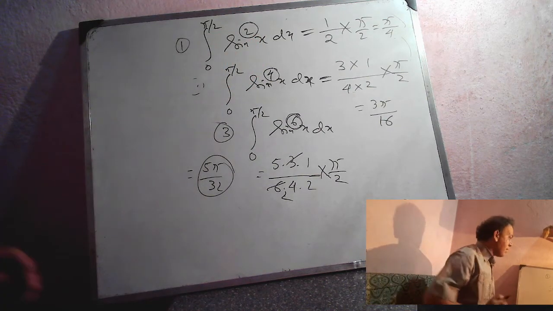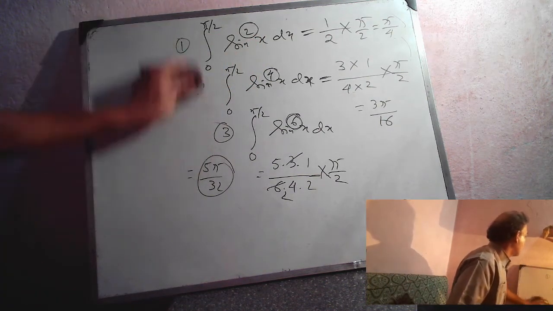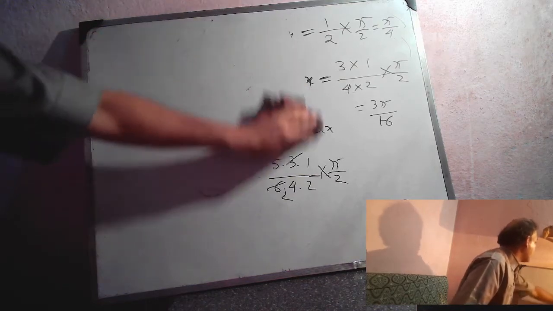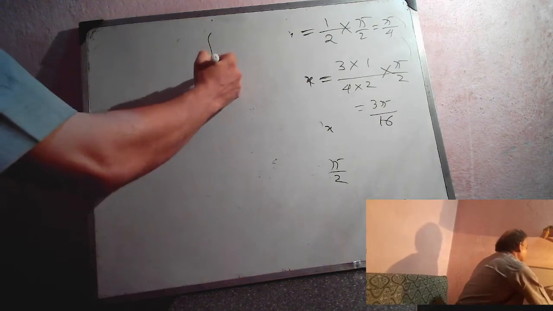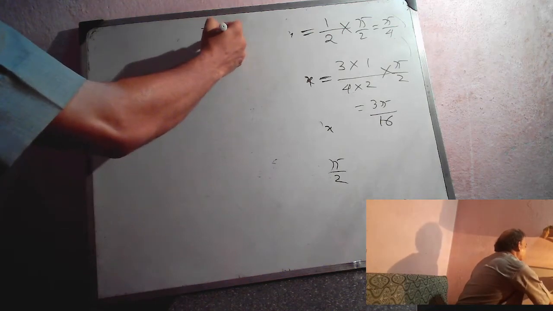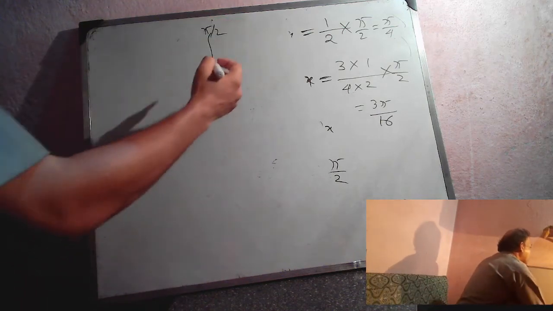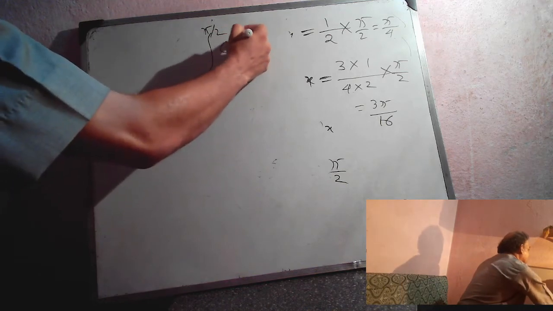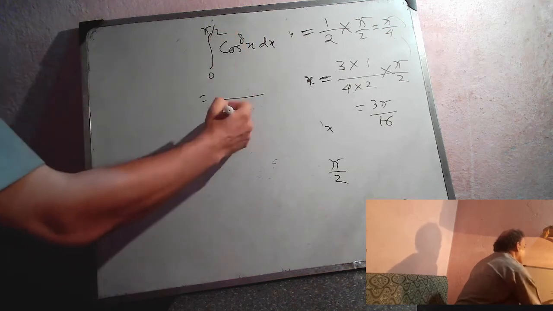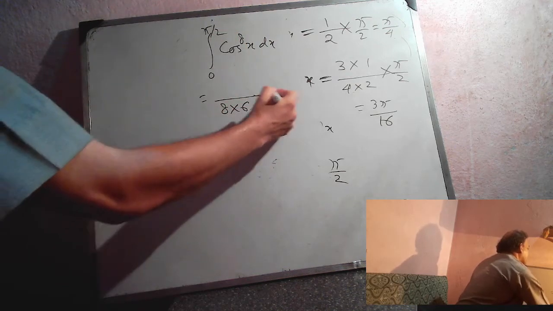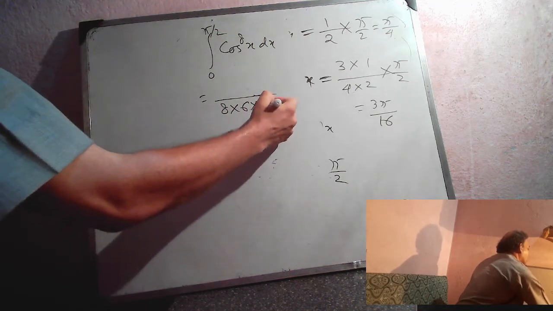It is applicable for cos square x, cos 4x, cos 8x, cos 10x, cos cube x. Suppose we need to find the value of 0 to pi by 2 cos 8x. In the same way write 8, 6, 4, 2.